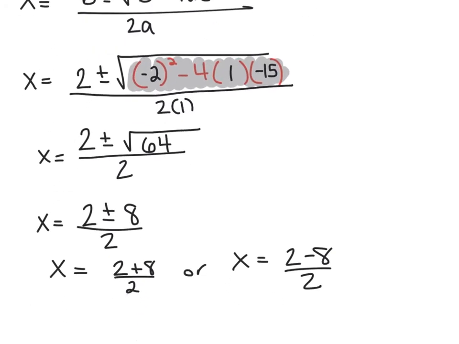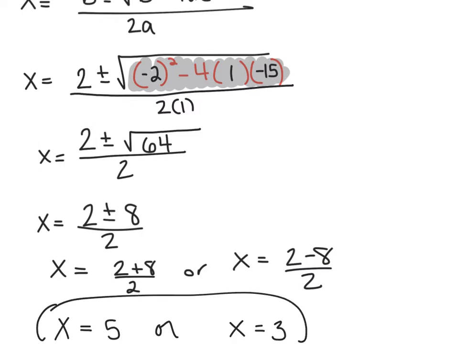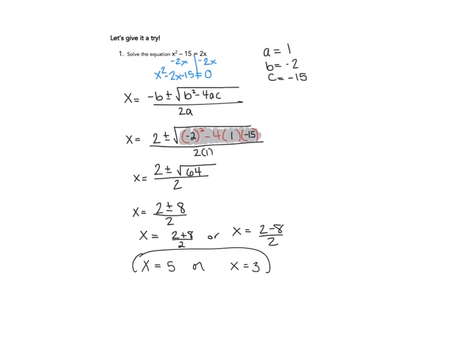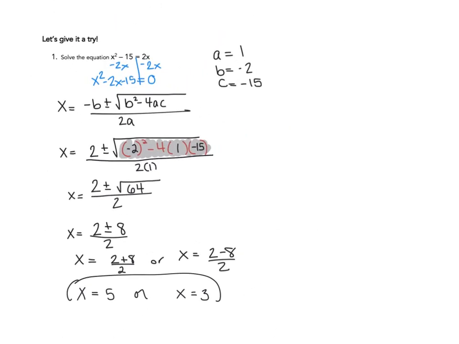Divided by 2 is x equals 5. Or x equals 2 minus 8 is negative 6. And negative 6 over 2 is negative 3. So here are my two solutions. Remember that this is where it crosses the x-axis. So this is your x-intercepts or your roots.